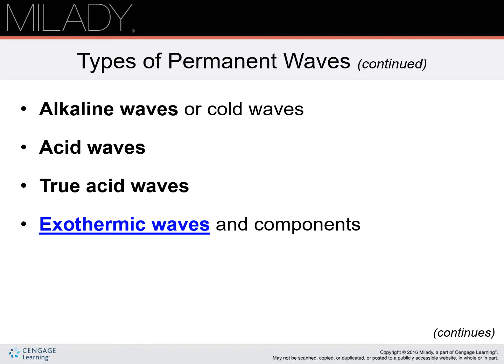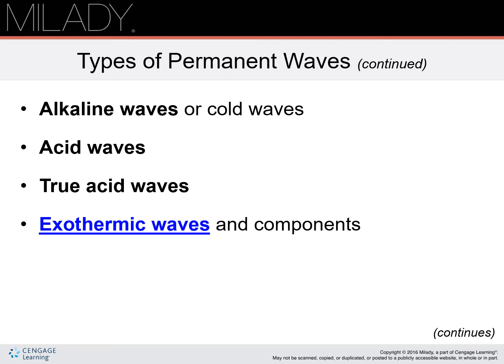Acid waves. GMTG, glycerol monothioglycolate, is the main active ingredient in a true acid and acid balanced waving lotion. It has a very low pH and is the primary reducing agent in most acid waves. A true acid wave was introduced in the early 1970s. They usually have a pH of 4.5 to 7 and require heat to speed the processing.